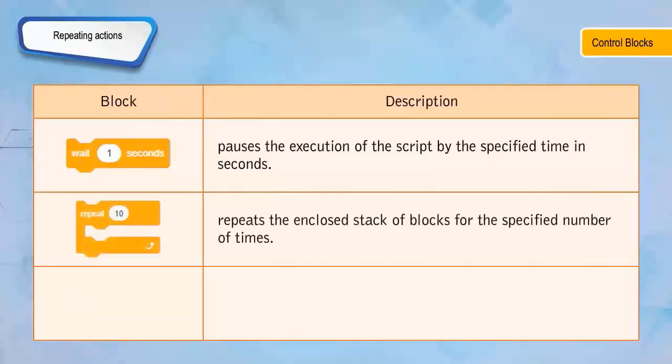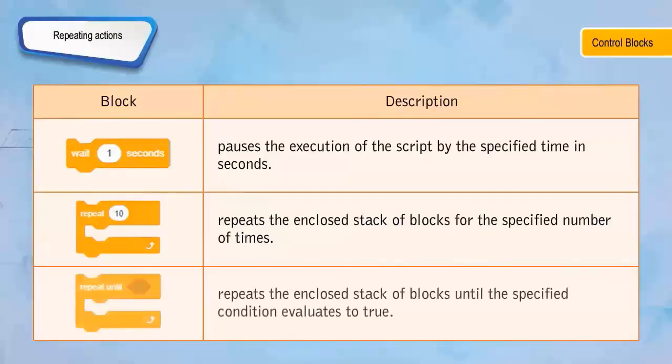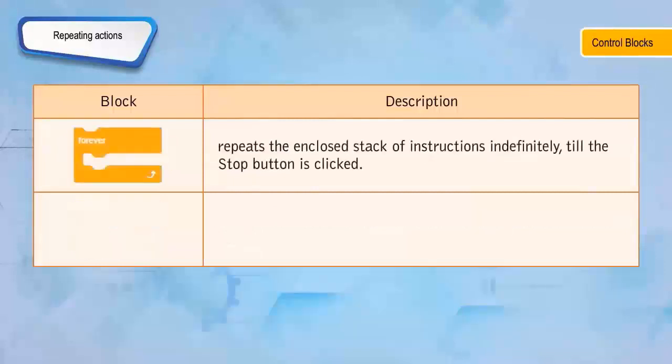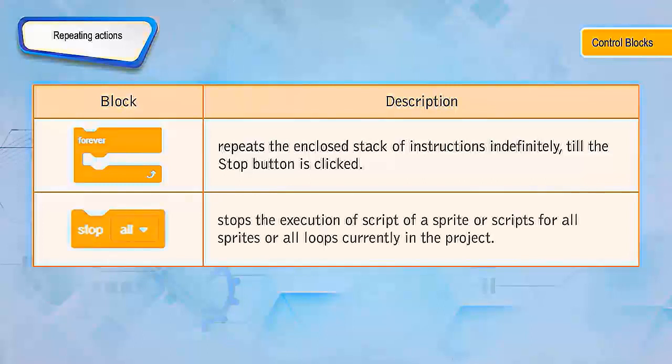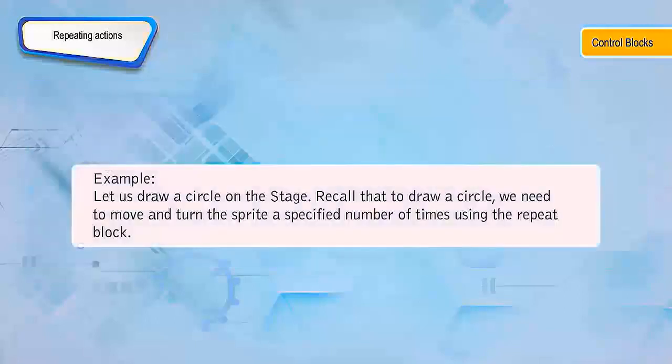Repeats the enclosed stack of blocks for the specified number of times. Repeats the enclosed stack of blocks until the specified condition evaluates to true. Repeats the enclosed stack of instructions indefinitely till the stop button is clicked. Stops the execution of the script of a sprite, or scripts for all sprites, or all loops currently in the project.